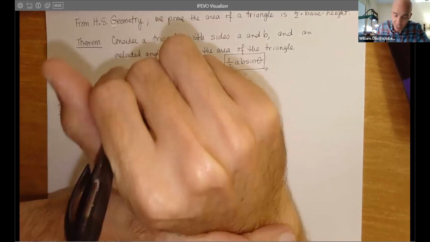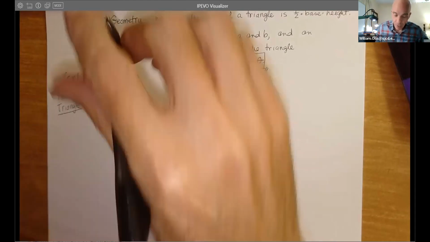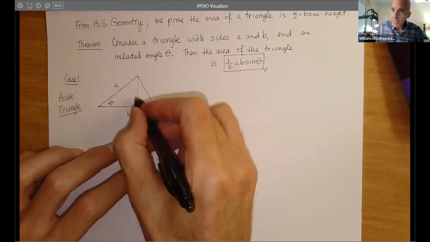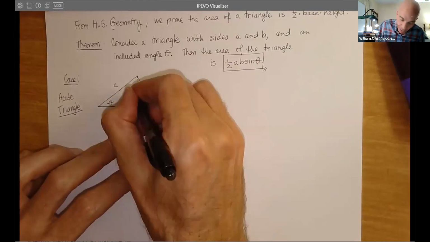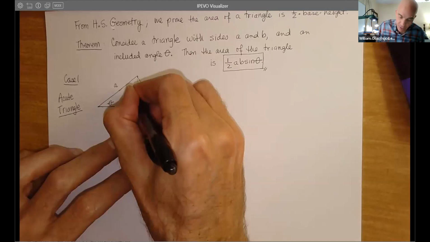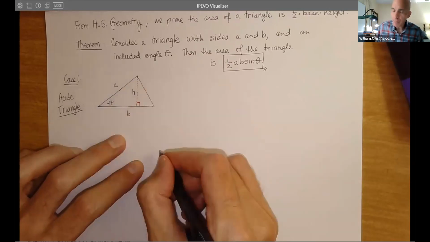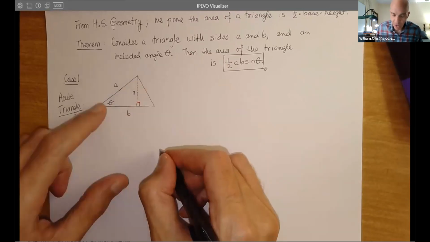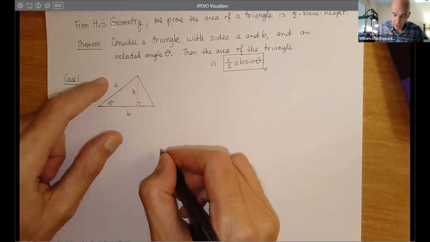So let's think about what we can do here. For instance, we can call the height of the triangle H and now use some trigonometry. So for instance, we have opposite over hypotenuse.